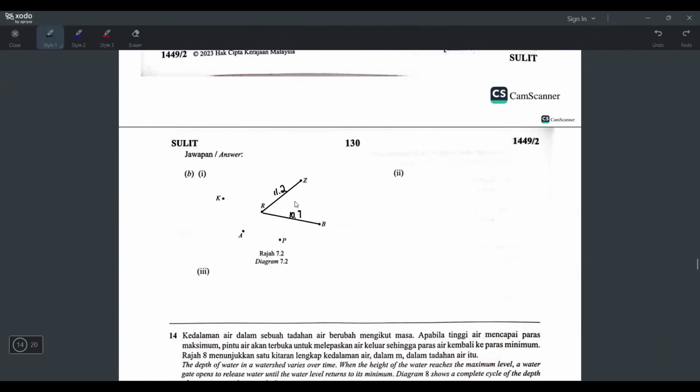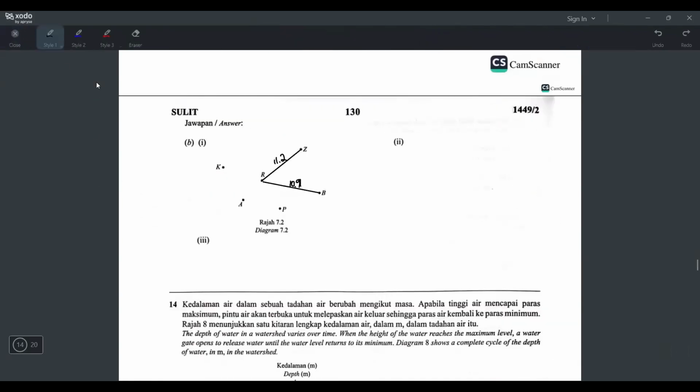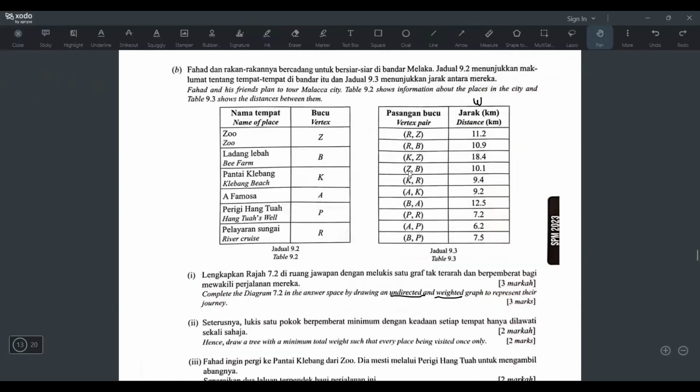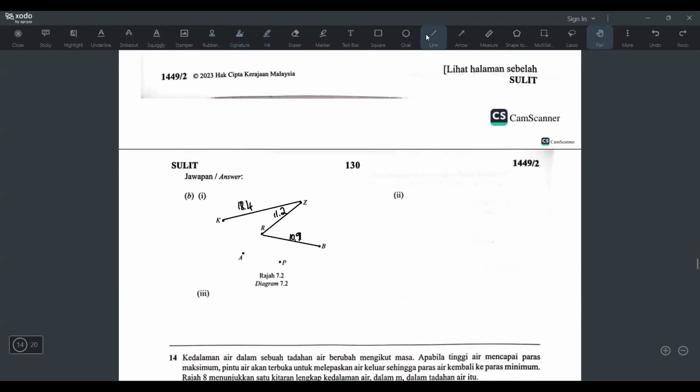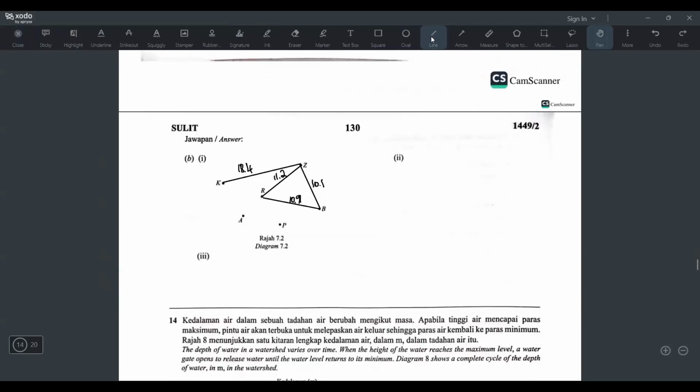Okay, next one is KZ 18.4. K to Z like this 18.4. Okay, no problem. Next, Z to B 10.1. Okay, next. K to R 9.4.